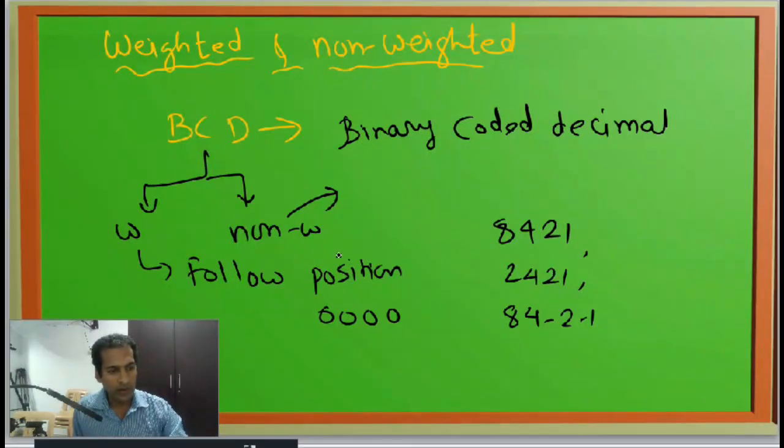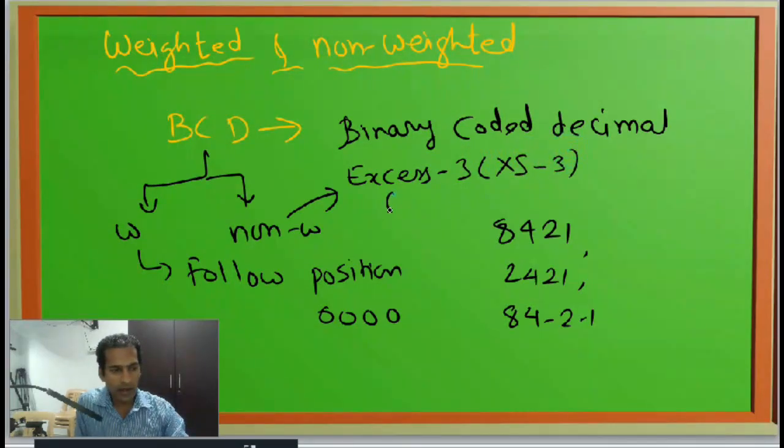Excess 3 code, written as XS3, and gray code are non-weighted codes. These two do not follow the fixed position principle. There are several other weighted codes also.